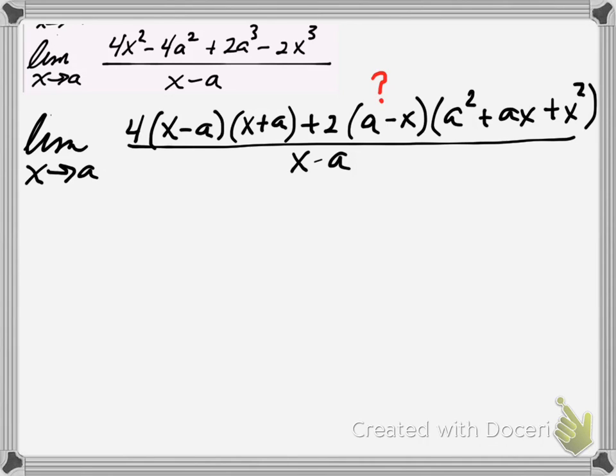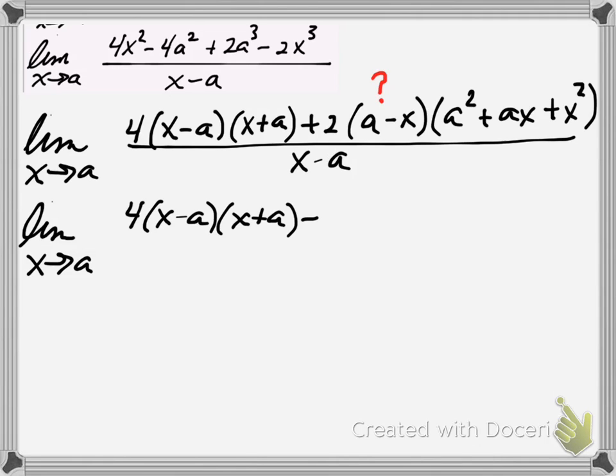So what I can do is factor out a negative 1. And if I do that, then I get a minus 2 and then x minus a. So by factoring out a negative 1, I can get that factor to look exactly as I want it to look.